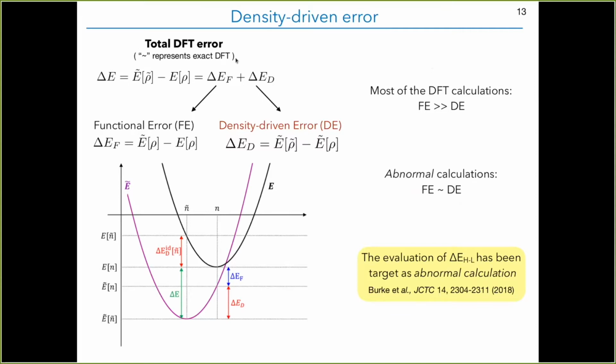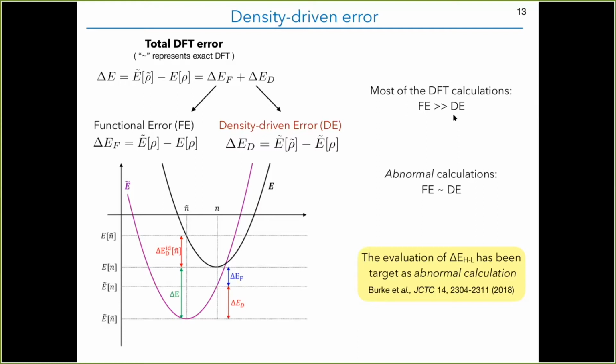So what does it mean? It's quite simple. In the situation in which we knew the exact DFT functional and the exact electronic density, we can divide the total DFT error into a functional contribution and a density contribution.